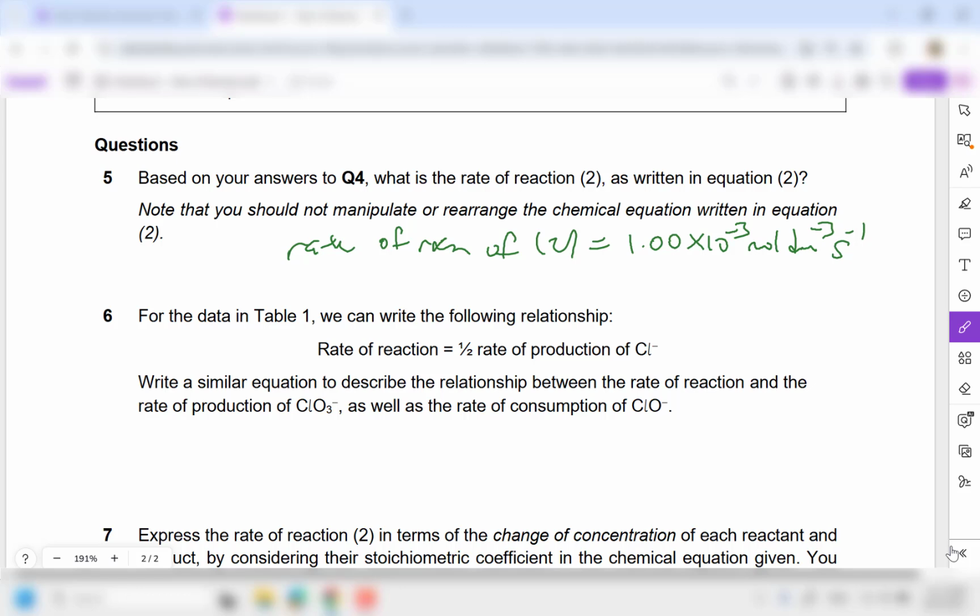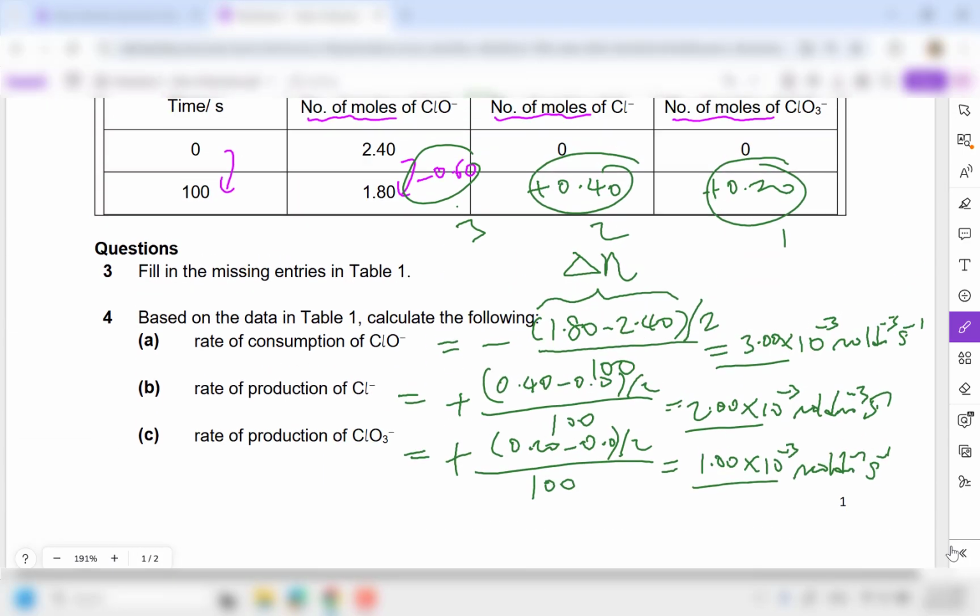In this case, I'll just write it down. Rate of reaction equals half the rate of production of chloride, so this is d[Cl minus] over dt.